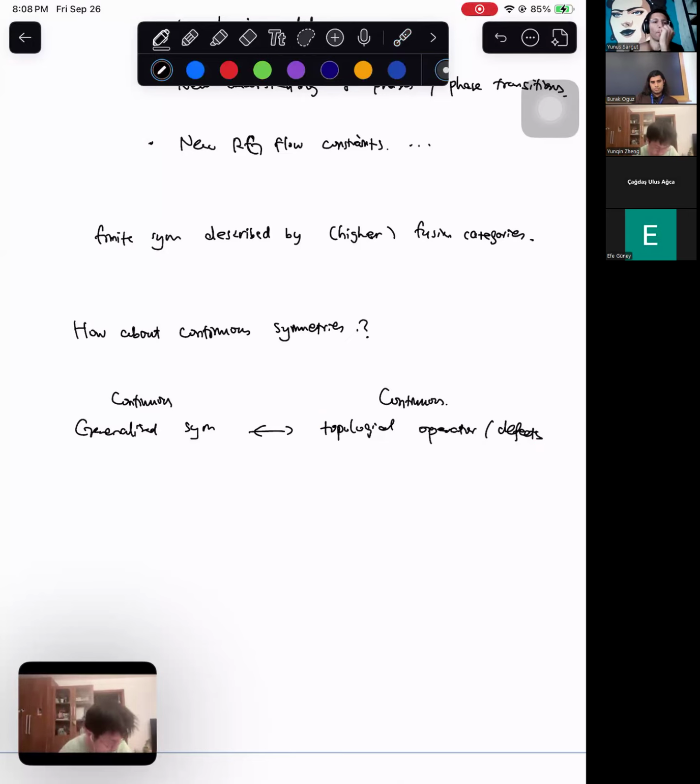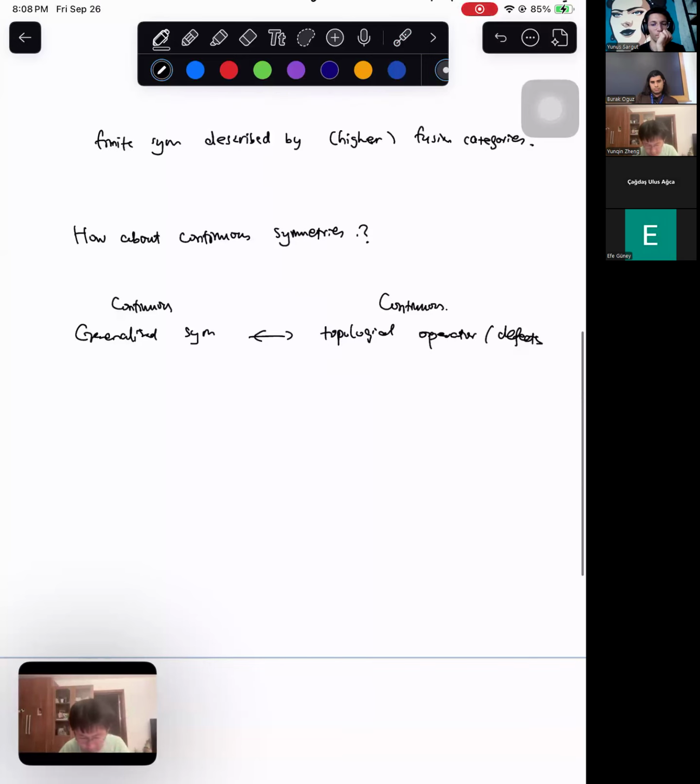So this is a hard question in general. But on the other hand, when we first learned about continuous symmetries, especially in quantum field theory 101, we are also taught that there is a Noether theorem.